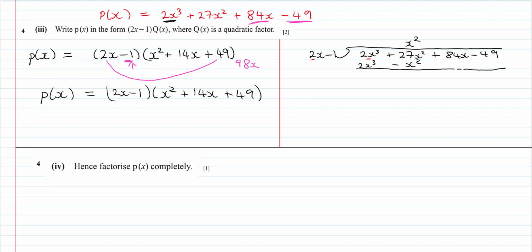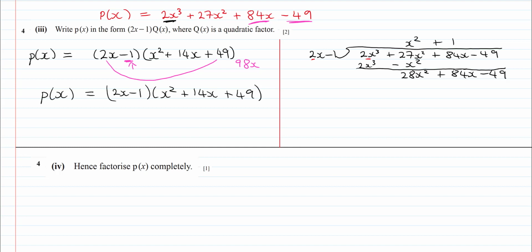So now subtracting that second line from the first line, well, 2x cubed minus 2x cubed is just 0, and 27x squared minus x squared is 28x squared, and the others just remain the same. Okay, and then we think, well, how many times does 2x go into 28x squared?